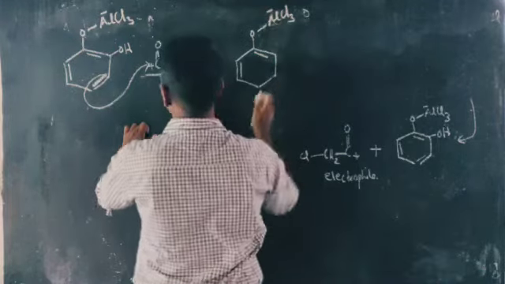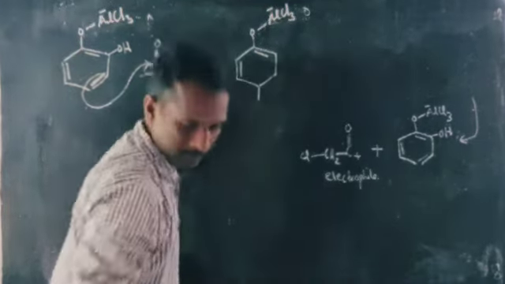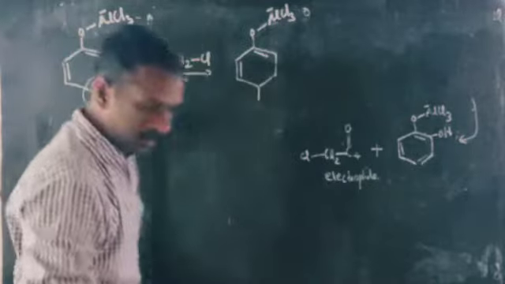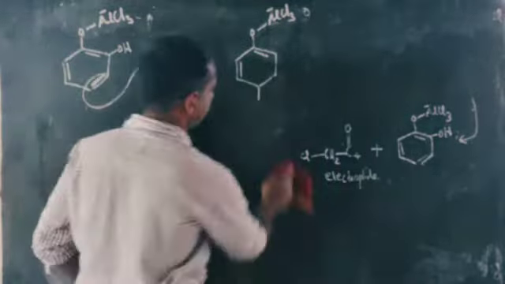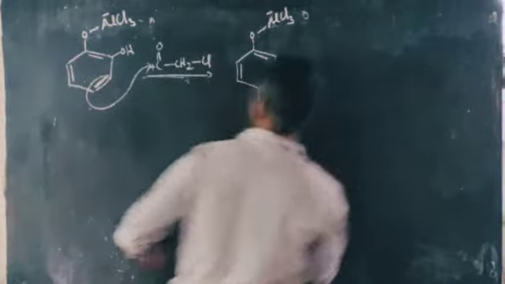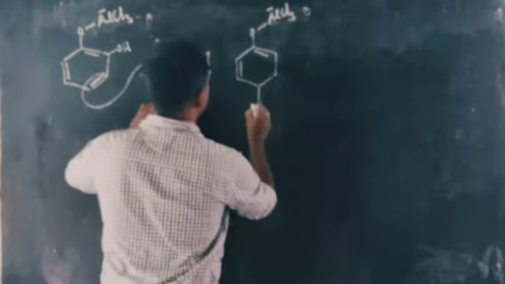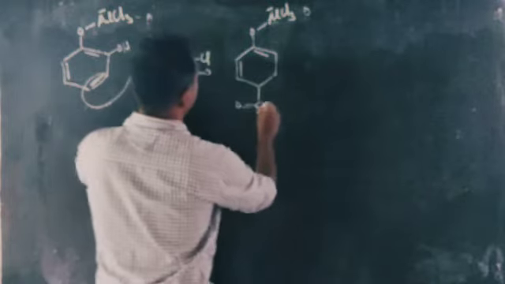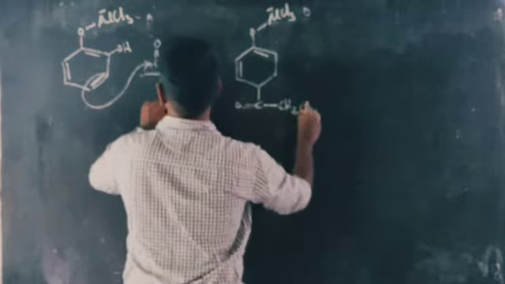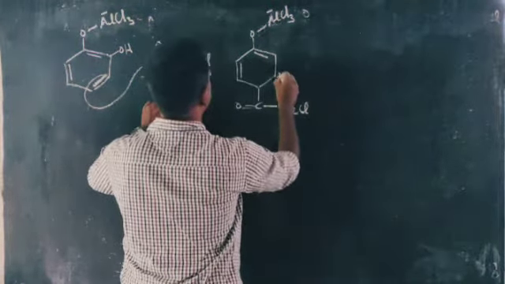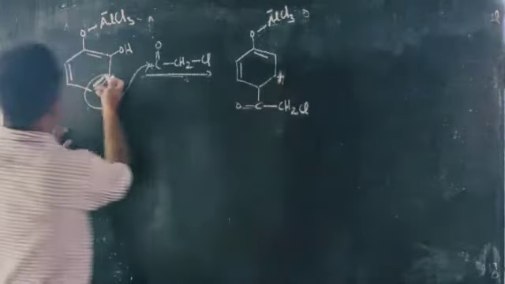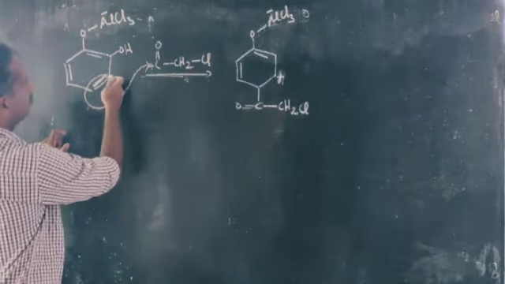AlCl3 minus, and here it is. And what is here in the para position? C double bond O, CH2Cl. Here it is a positive charge. Since the bond is breaking from here, here is a positive charge.